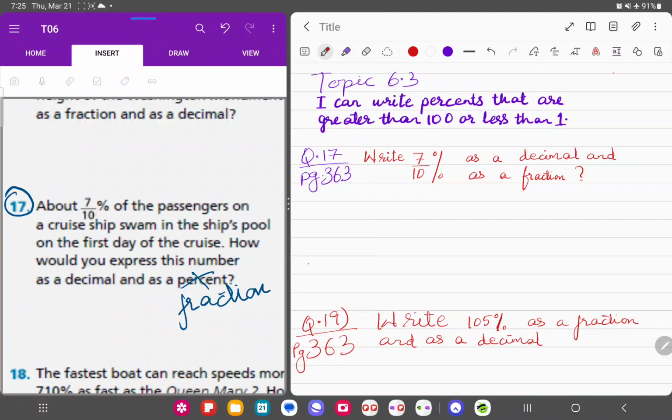Okay. So question 17 can be summarized as write 7 over 10% as a decimal and as a fraction. I will start with writing 7 over 10% as a decimal.